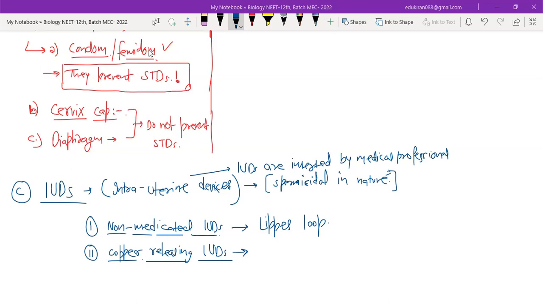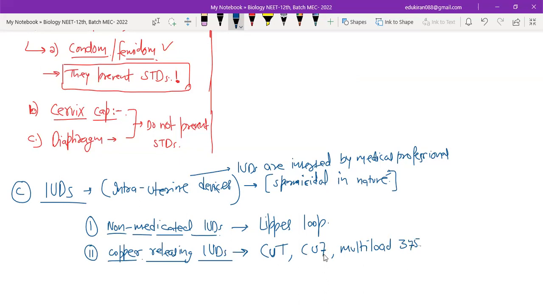Yes. So copper releasing IUDs are the most famous of the IUDs, which are called copper T, CuT, copper 7, Cu7, and multiload 375. These three are the most common names that are asked.